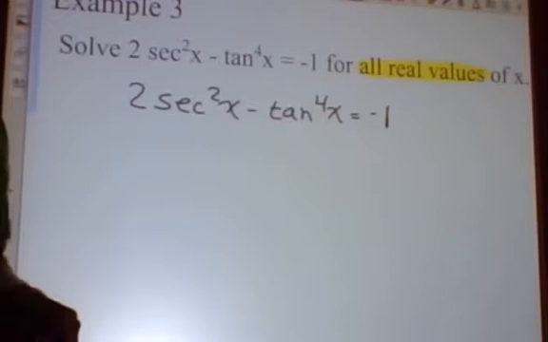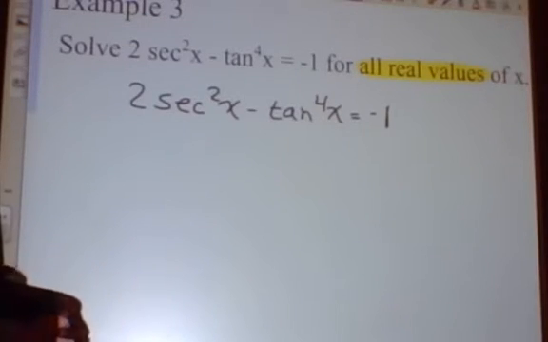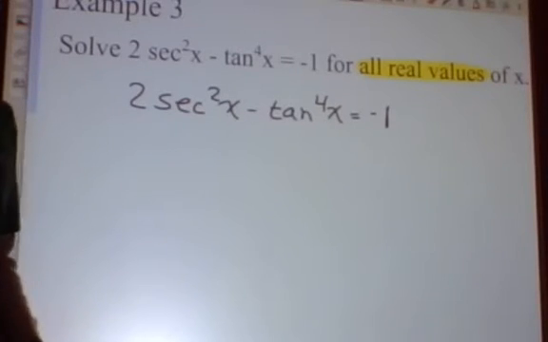Now, remember back to what we've done for the other examples. We've changed these either to all sines, all cosines, or some of that sort, so that we're dealing with just one trig function or just 2 trig functions here. And so the best bet is to always see if we can change one of these trig functions to the other trig function using one of our identities, and then get the whole thing equal to 0.